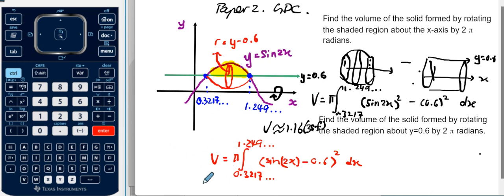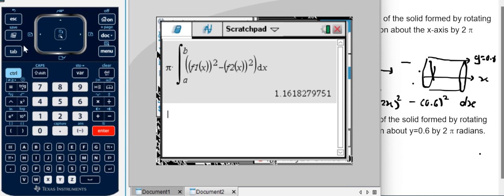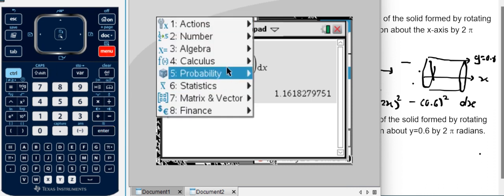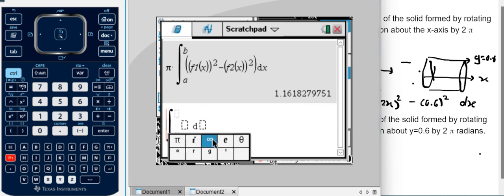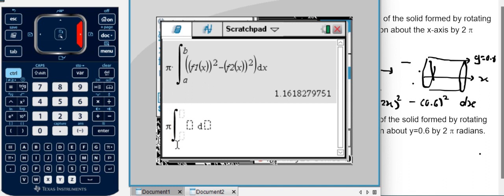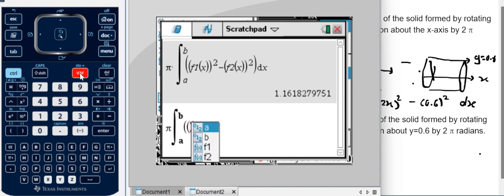So now I use my GDC. I will do menu again, calculus, numerical integral, make sure I put the pi outside of the integration sign. Here my upper limit is b, lower limit is a, big bracket, this is going to be dx, and then put in another bracket inside, and then in there I'm going to put in vars.